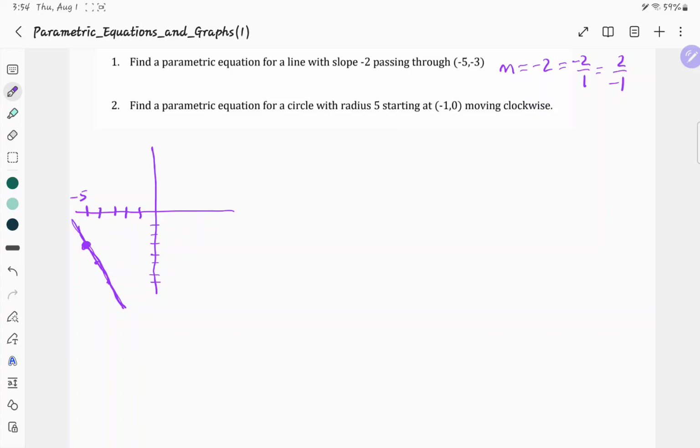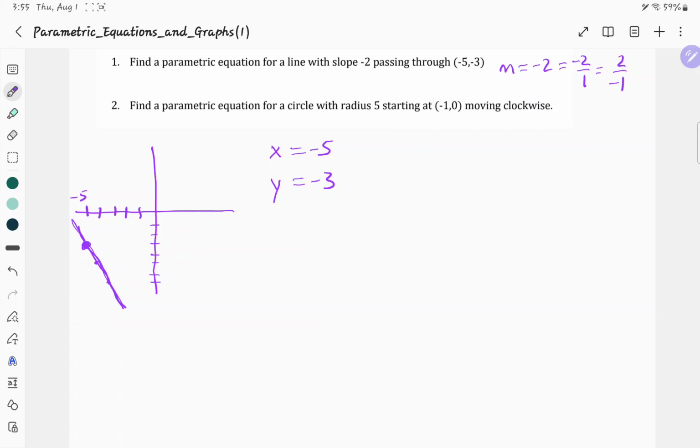So there's a couple ways to do this, but one of the easiest ways is to just start with your x and y at the point that they said you should go through. So I'm going to say x is -5 and y is -3. I know I want to go through that point, so I can just start with x and y at that point, since this is a line.